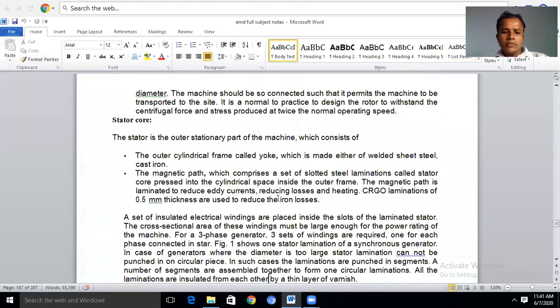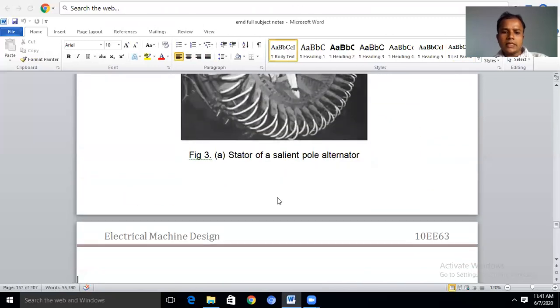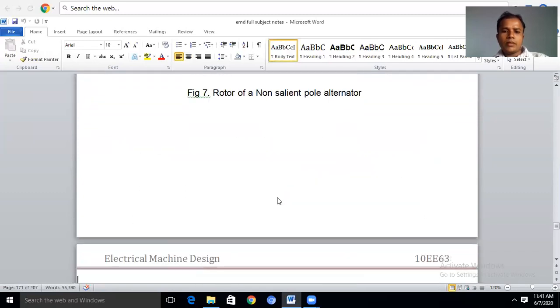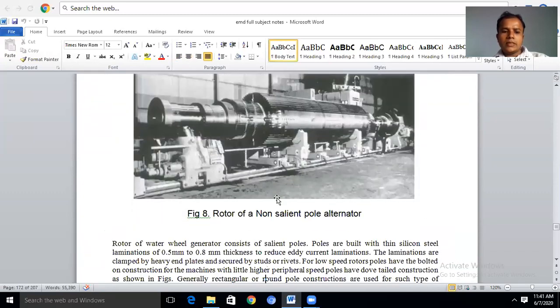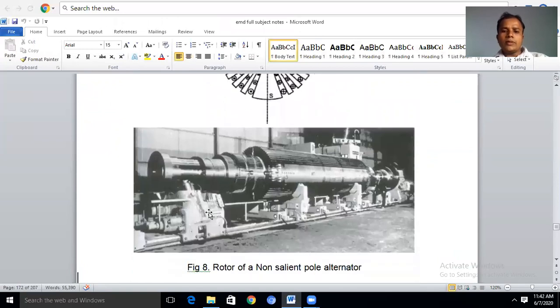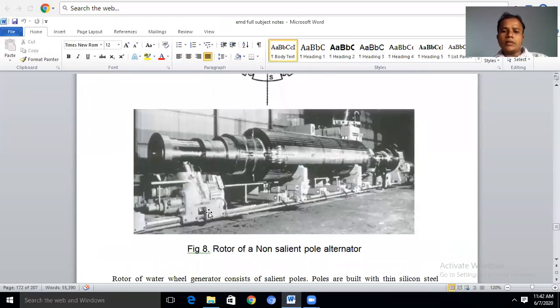Now we will move to the next. This is the rotor of a water wheel generator, or the hydro generator. Whatever the diameter of that rotor is, it is a huge size rotor.